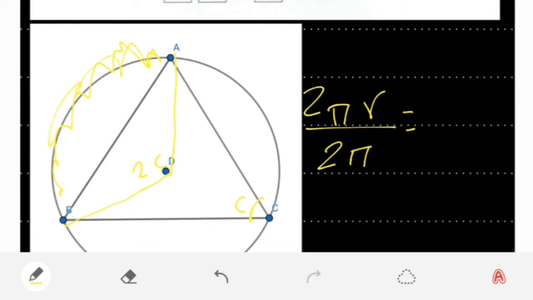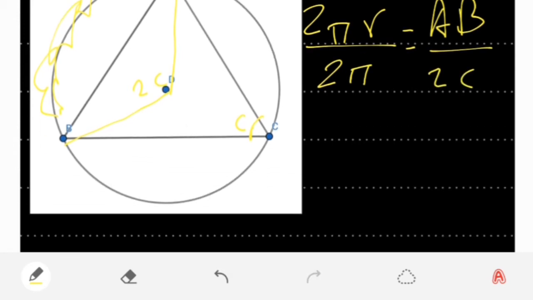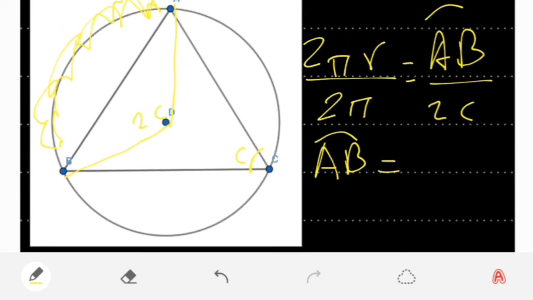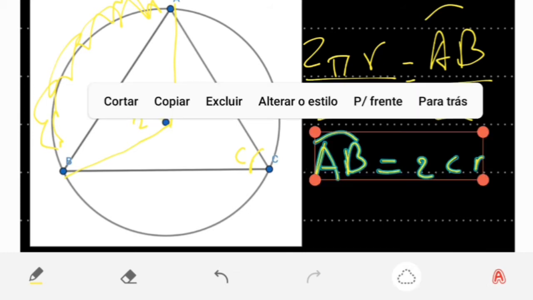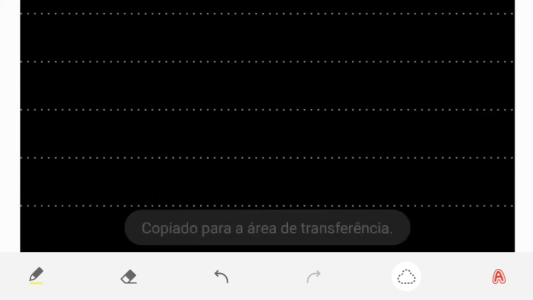To only this arc over here, which is AB, divided by the angle that makes the arc AB. What is the angle to make the whole circumference 2πR? It is 2π, right? And to make just the arc AB, it is the angle 2C. So we have that AB is equal to what? 2CR. So let's save it over here.